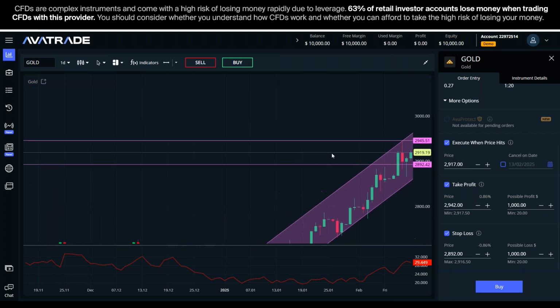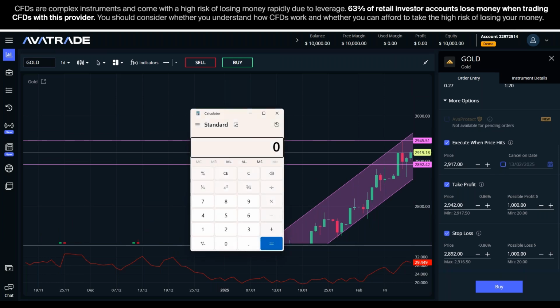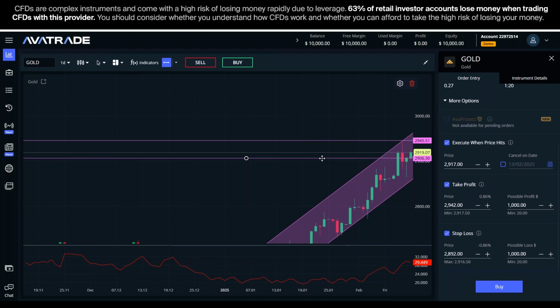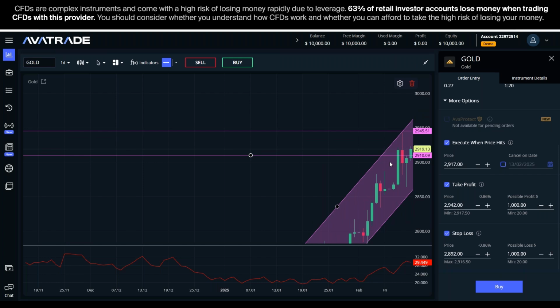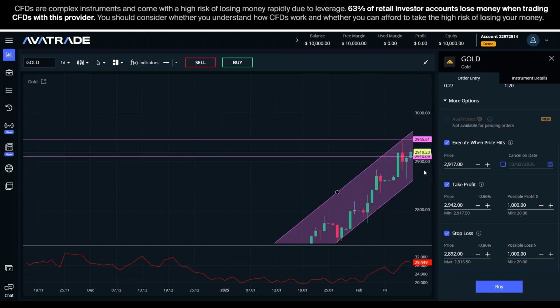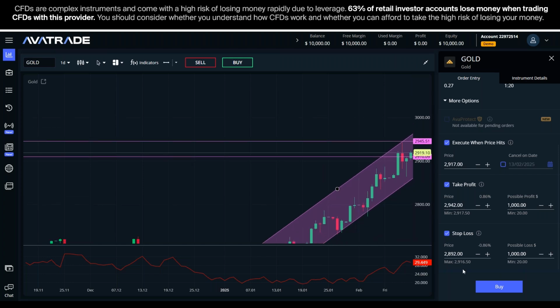Okay, we can divide this $25 by 4 and make it $6.50 away. Of course, it might be too close, so we can maybe place it $10 away. Again, I'm not getting into analysis if it's too close or not. I'm just showing you the purpose. I'm just showing you how to use this and how to do this exercise.